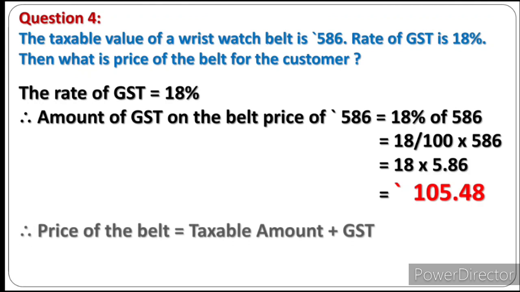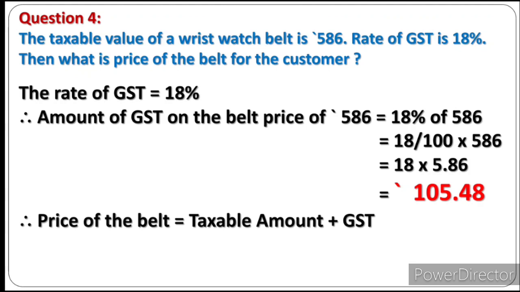So what will be the final amount? Price of the belt is equal to taxable amount plus GST. So your taxable amount is 586 plus 105.48, which will give you 691.48 rupees. So the final amount of the belt for the customer is 691.48 rupees.